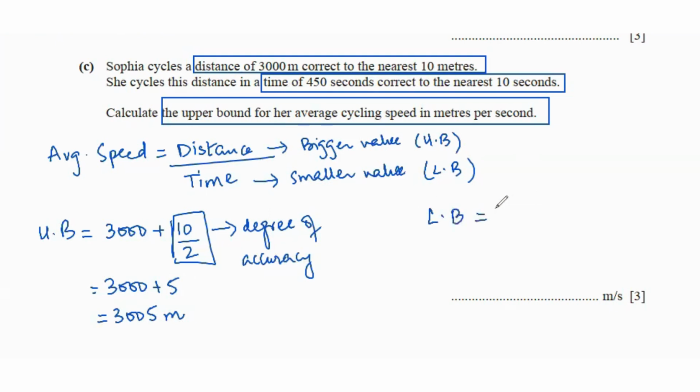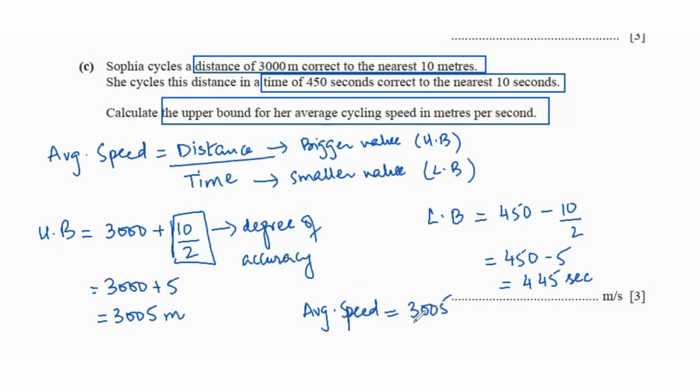So lower bound is going to be 450 minus 10 over 2. So that's 450 minus 5, and that is 445 seconds. So now I find the average speed, and this will be the upper bound of average speed. So that's going to be 3,005 divided by 445, and that equals 6.75 meters per second, which is your upper bound of your average cycling speed.